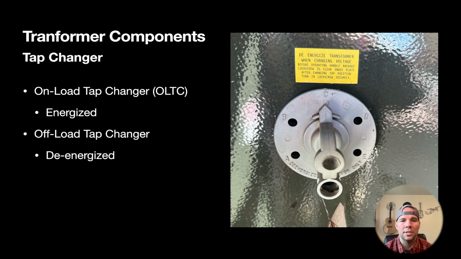As the grid changes and more load is brought on, the voltage can drop. So to make those adjustments on the spot without de-energizing and shutting off a big portion of the grid, those are designed to change under load, but those are very rare.